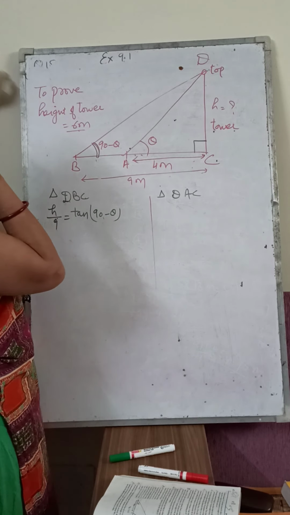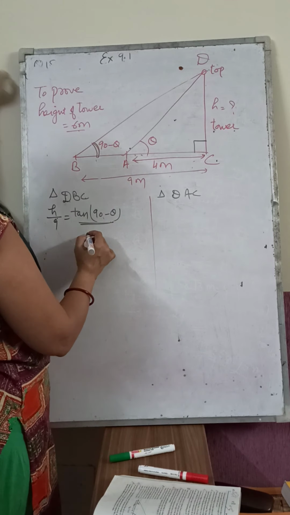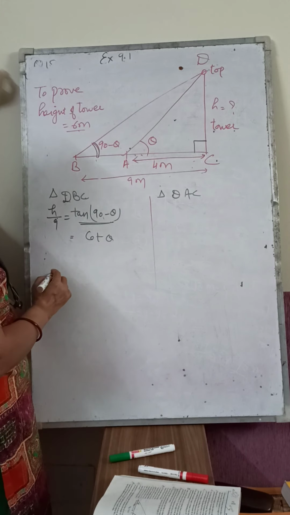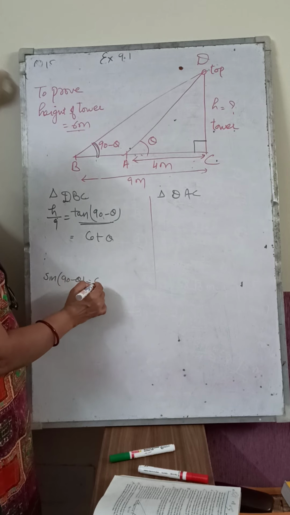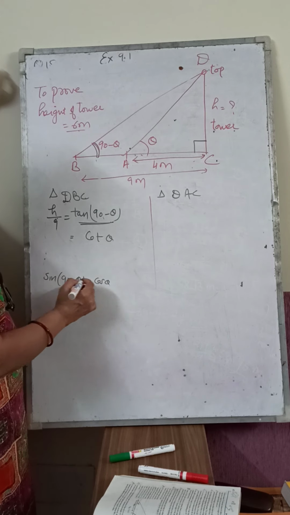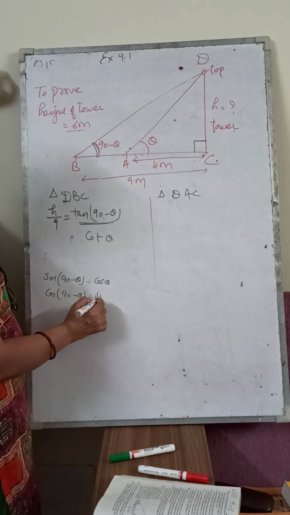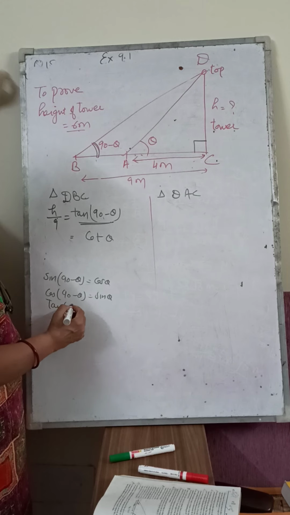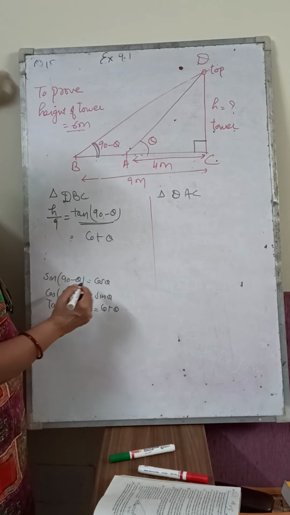And I tell you one thing, tan 90 minus theta is cot theta. Sin 90 minus theta is cos theta. Cos 90 minus theta is sin theta. Tan 90 minus theta is cot theta.